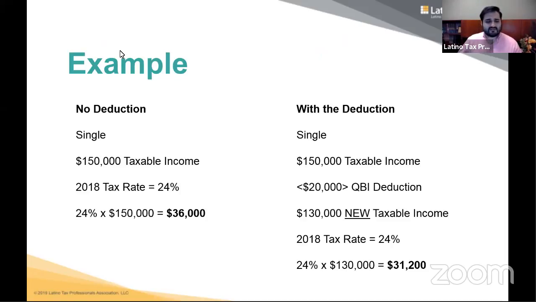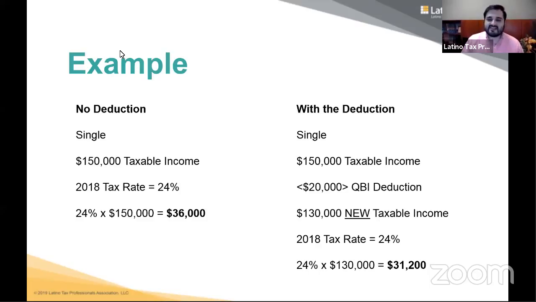This person is going to pay $36,000 of tax. Now, on the right side, the same person, single, has $150,000 of taxable income. Let's say this person has a qualified business income deduction, a Section 199A deduction, of $20,000.